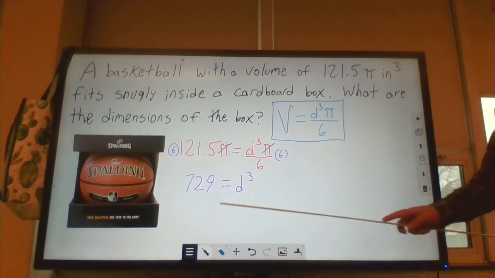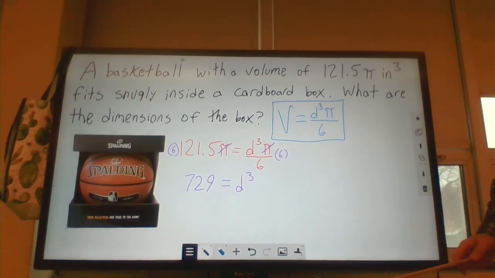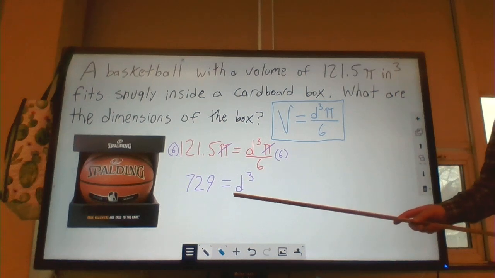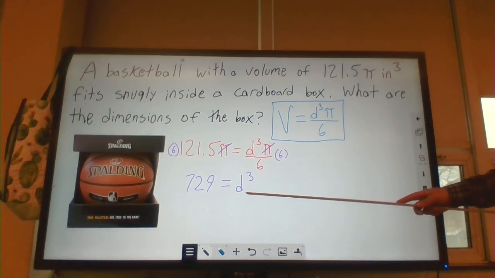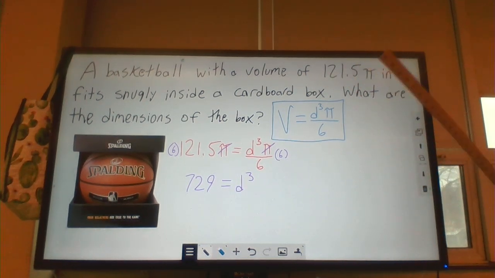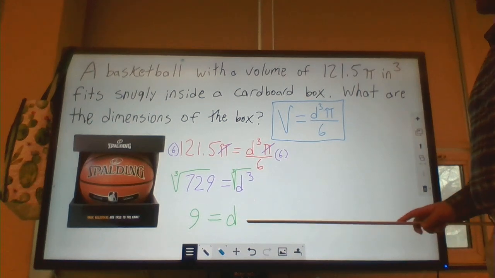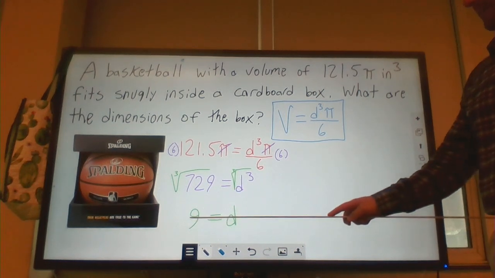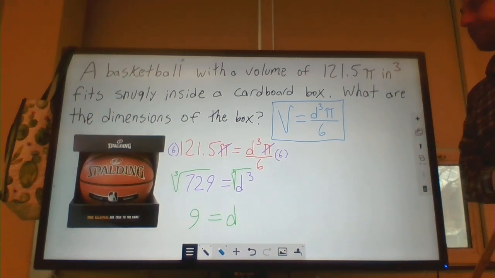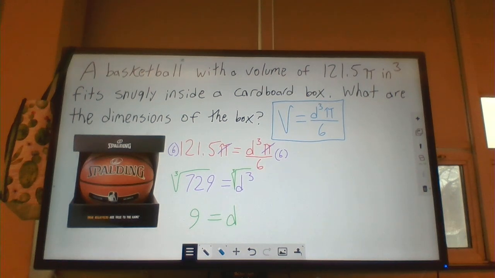We should end up with 729, a nice whole number and a perfect cube, is equal to the diameter cubed. A quick little bit of cube rooting will reveal that our diameter is 9. And therefore, that's the dimensions of our box. A length of 9, a width of 9, and a depth of 9.